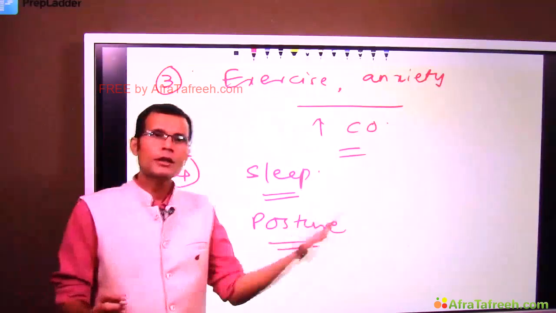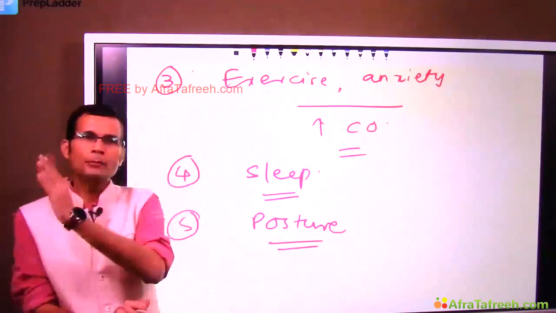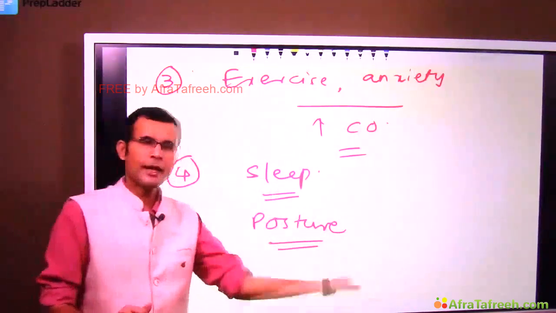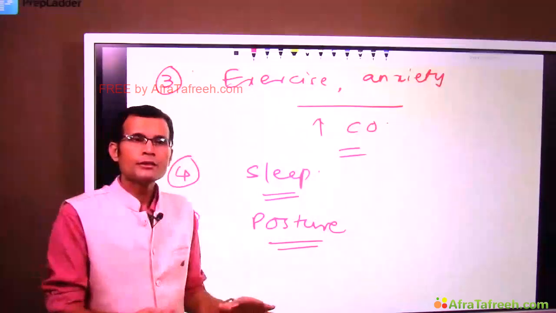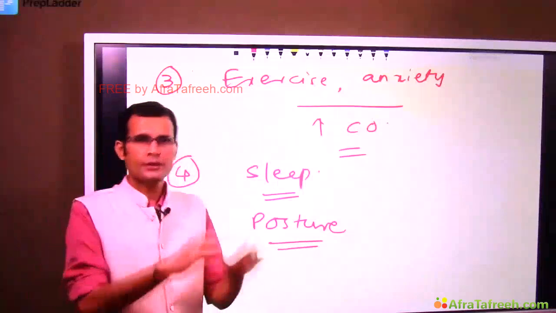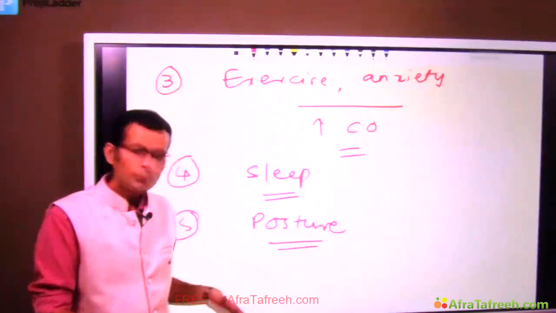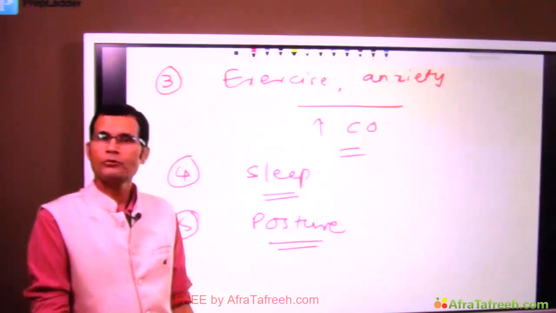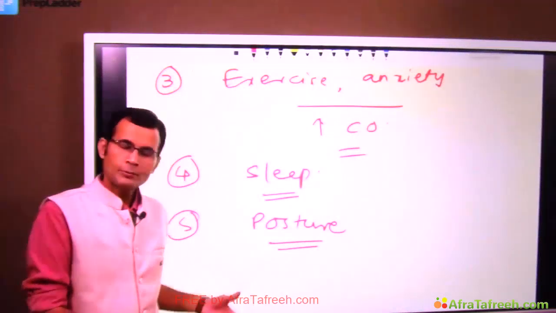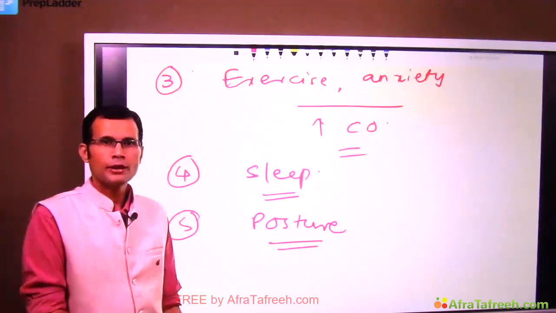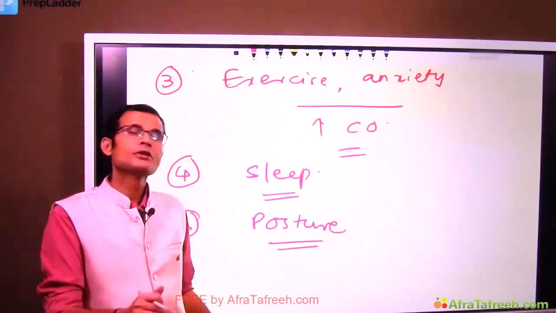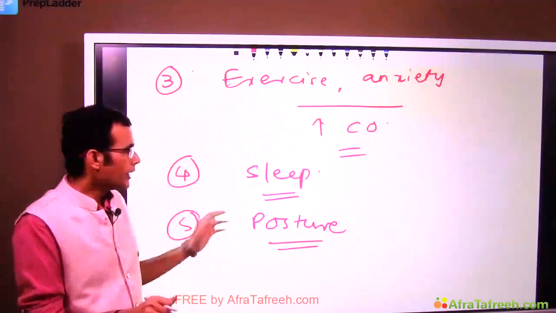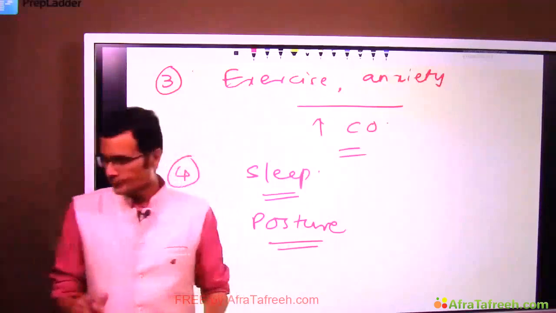You know, recumbent to standing posture, this change of posture from lying down to standing, the venous return to the heart decreases because there is pooling of blood in the lower limb veins. So since the blood is pooled in the lower limbs, therefore by gravity, of course, less blood will return to the heart, and therefore stroke volume will be less.